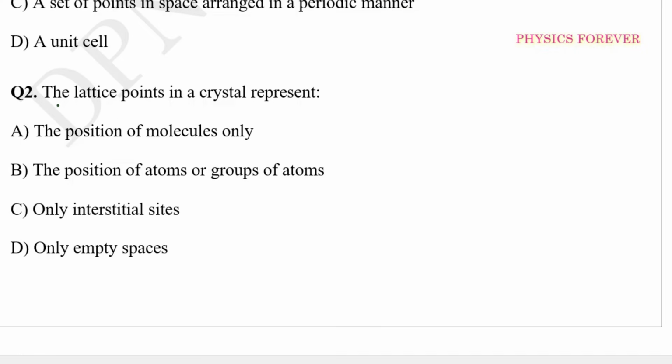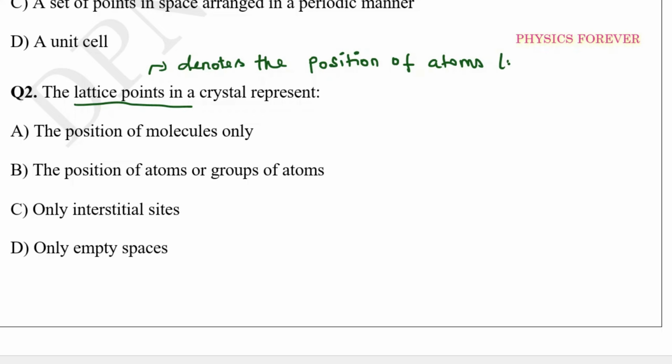So question number 2: the lattice point in a crystal represents what? The lattice point denotes the position of atoms or group of atoms.